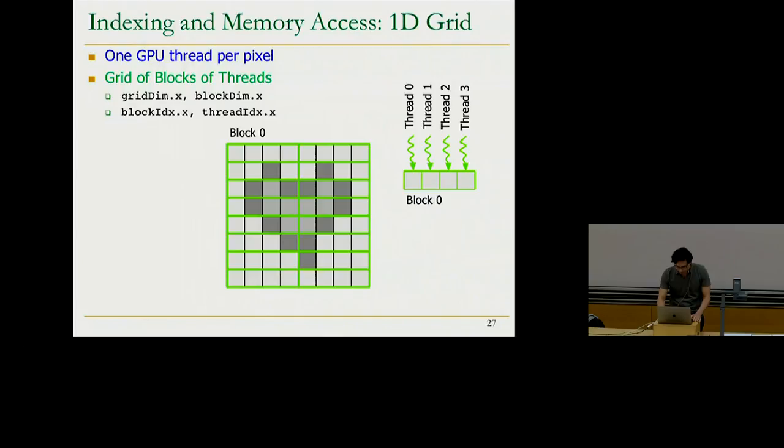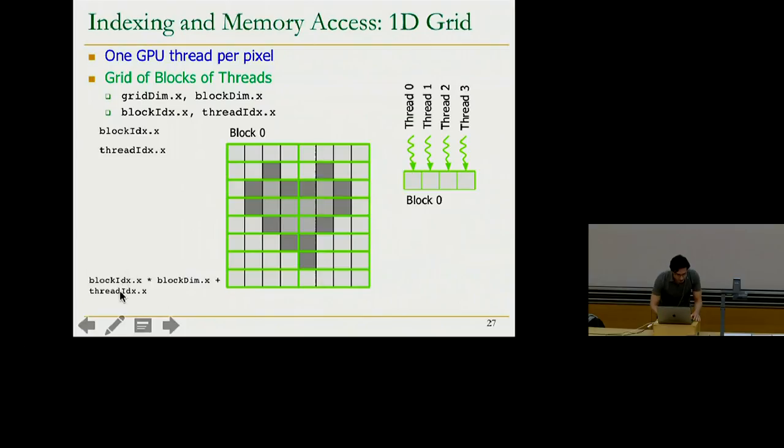So let's see how these threads, for example this thread 1 in block 0, is going to identify its own pixel. We need to use block index and we need to use thread index. So in this simple mapping, we are assigning threads in some consecutive way. What we are going to use here is what we call a global thread index.